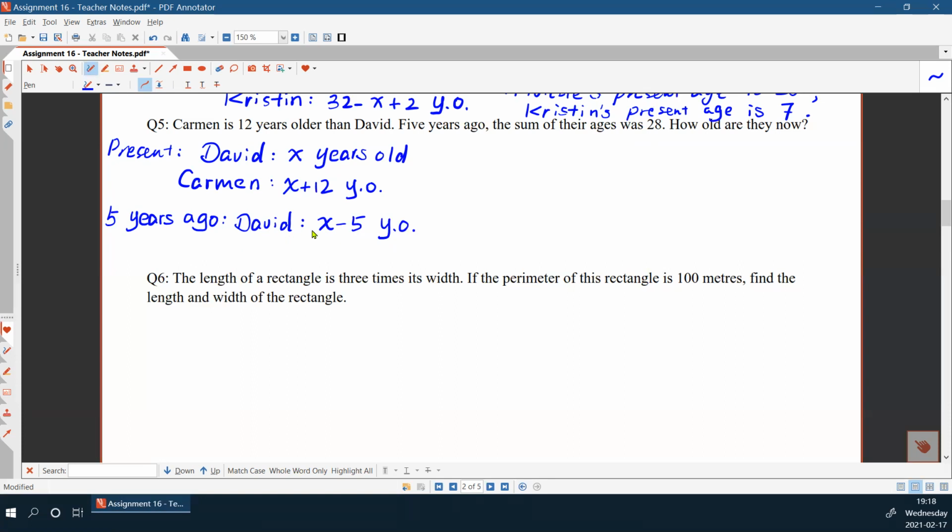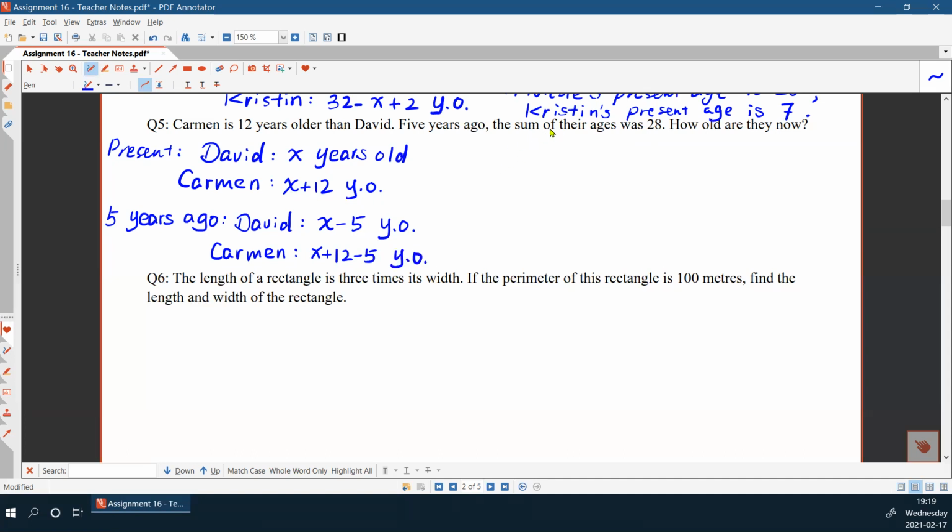Because 5 years ago. And how about Carmen? Now Carmen is X plus 12 years old. So 5 years ago, Carmen was X plus 12 minus 5 years old, right?